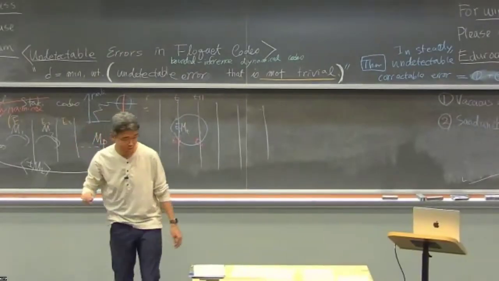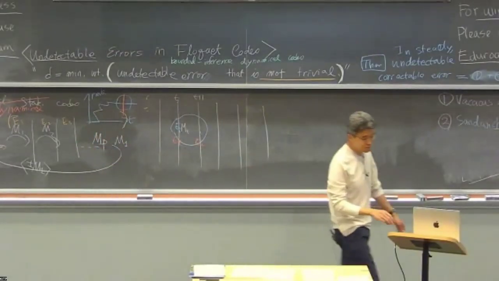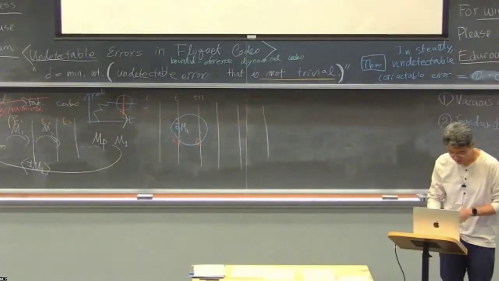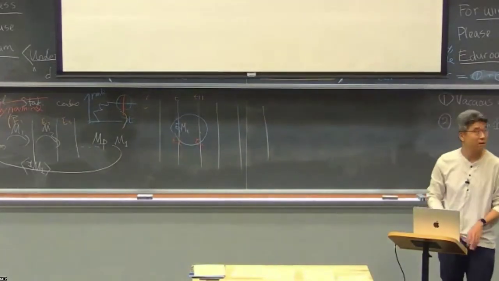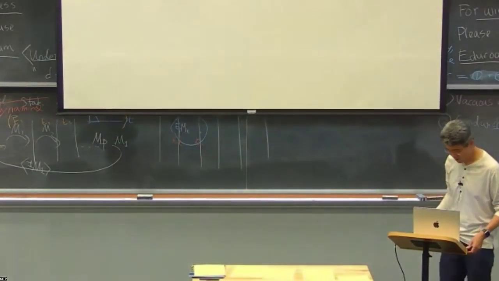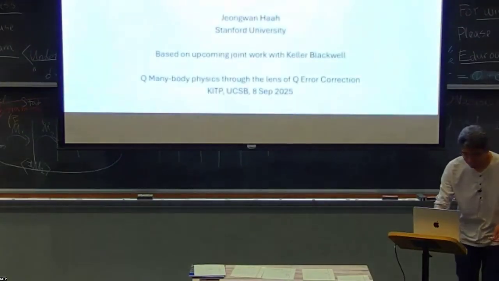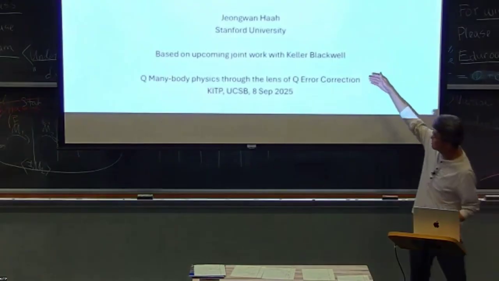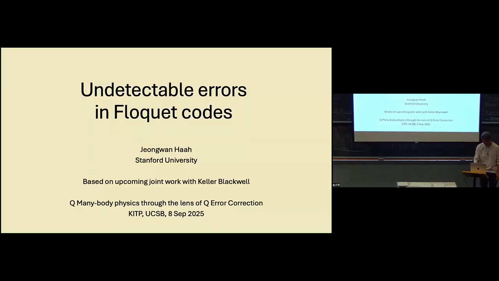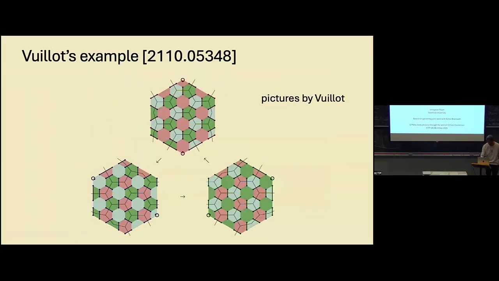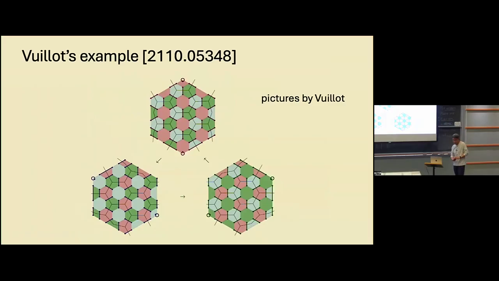So the example I will show you is an example by Vuillot, Christopher. By the way, this is joint work with my student Keller Blackwell. So Vuillot considered a variant of a honeycomb code with a boundary.